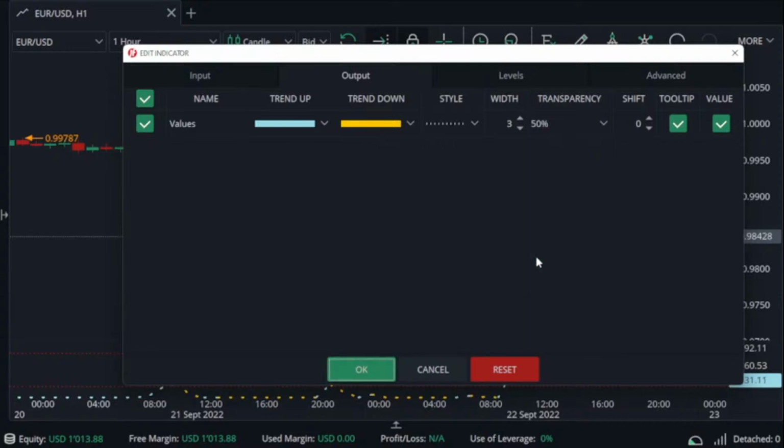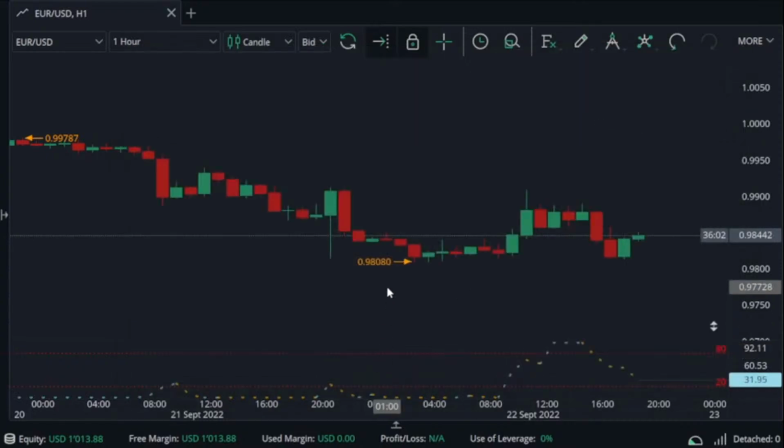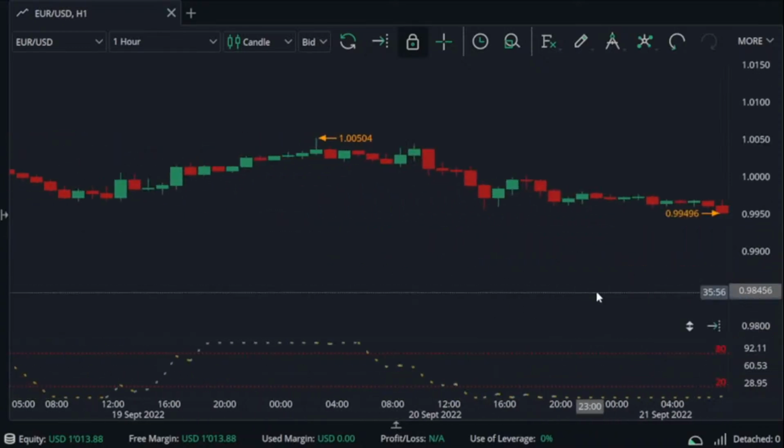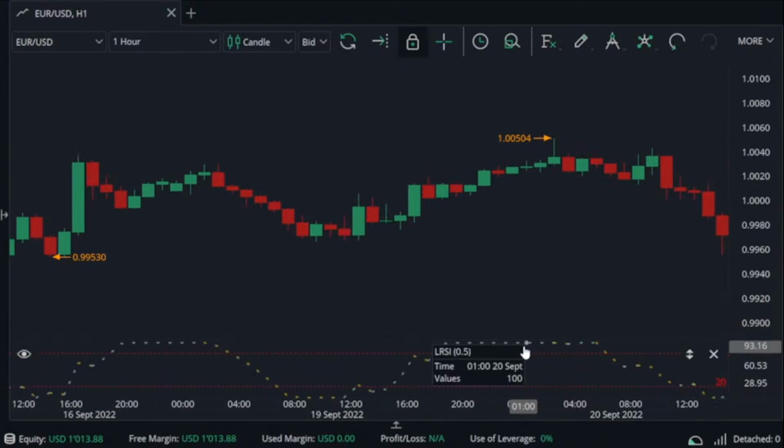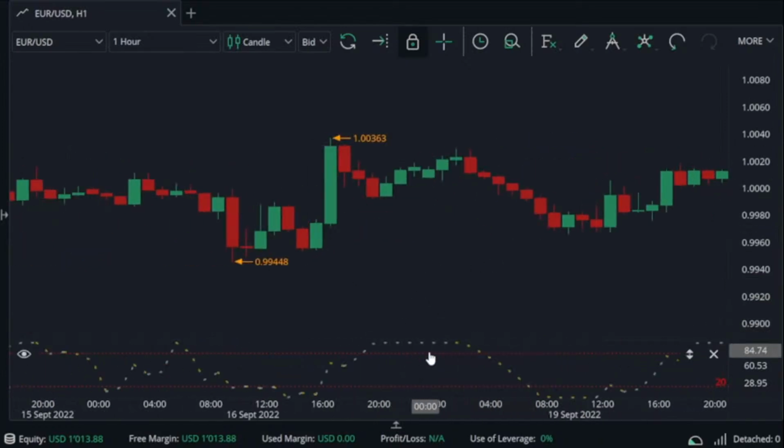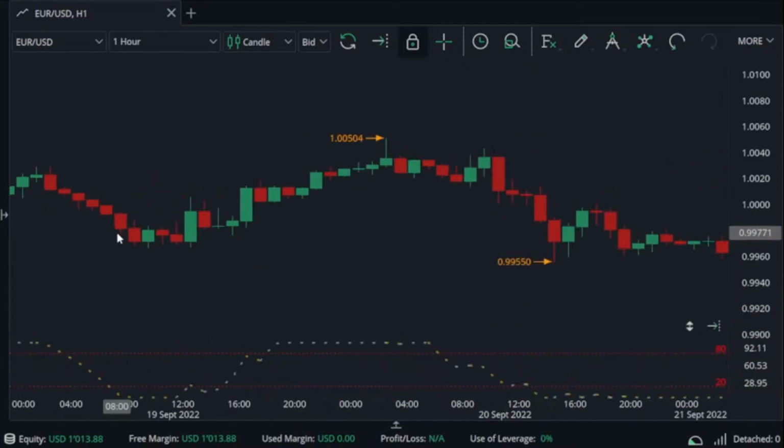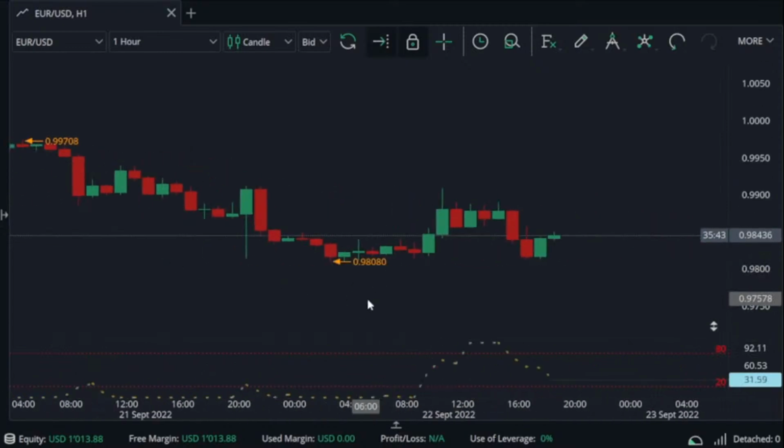Transparency can be increased or decreased. So we have this indicator now a lot less transparent, and when it is more transparent, we see it less prominently on the chart. So we have this LRSI output.